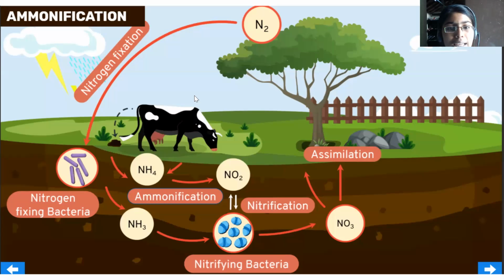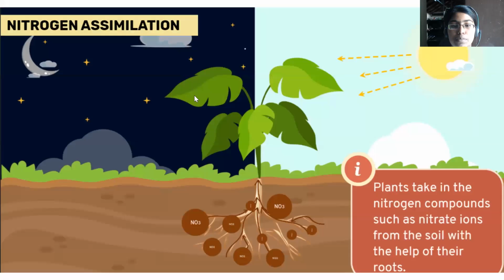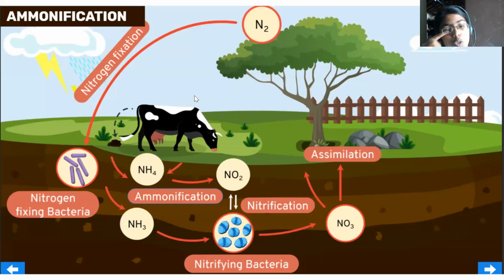When the animals are eating the plants, we know the nitrate NO3 is already absorbed by the plants, so the plants will be consumed by the animals, and the animals also get that nitrogen into them.